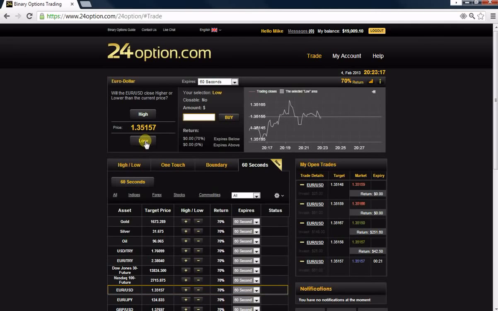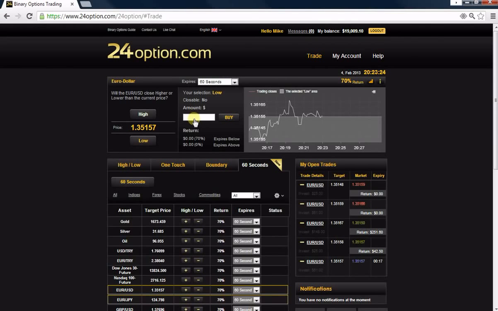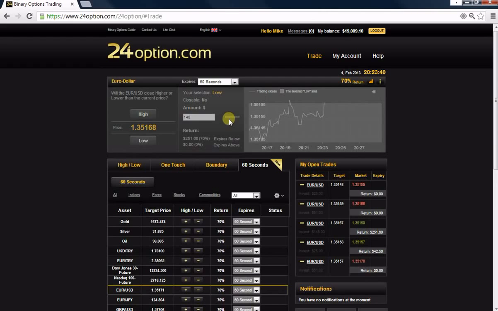I'm going to go with a low. The next trade should be $148. Okay, looks like we're going to lose this one, so we're going to go with the 148 trade.